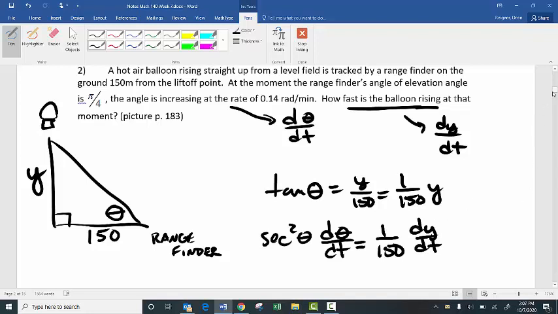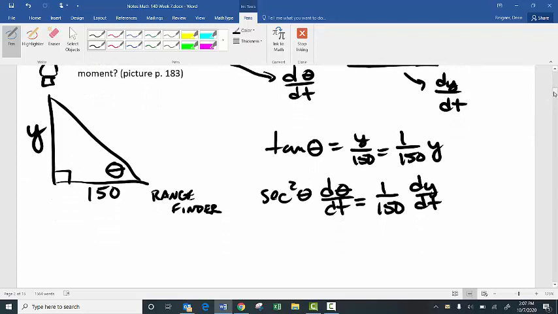So now we just fill in numbers. So it gives us the angle this time. We actually don't have to figure anything out. We're going to change this to cosine, so when we punch it in our calculator, it'll go a little nicer. So we'll put in 45 degrees or pi over 4. It doesn't matter, whatever you use. So it's squared. D theta dt is 0.14 radians per second, I believe.